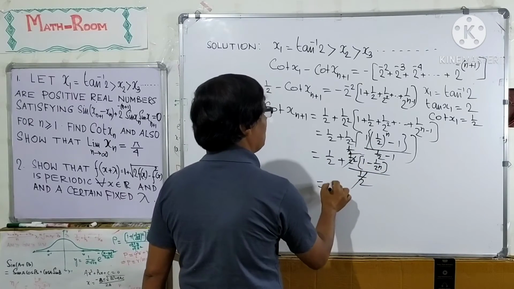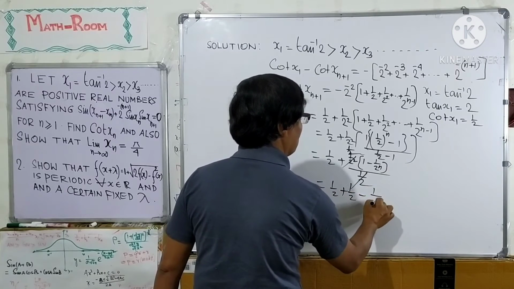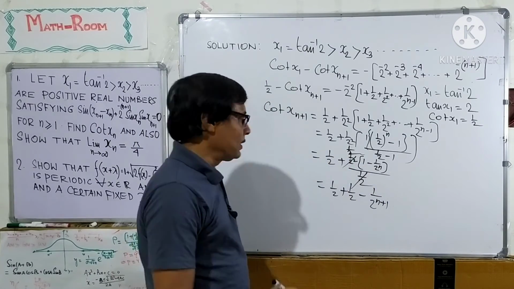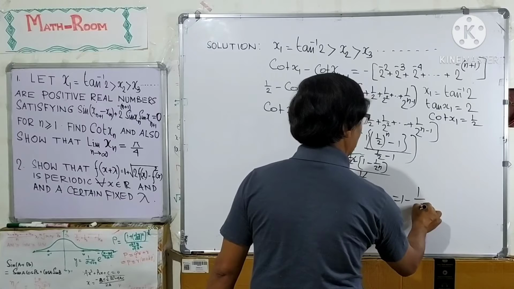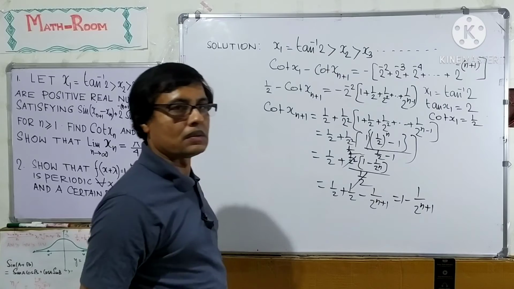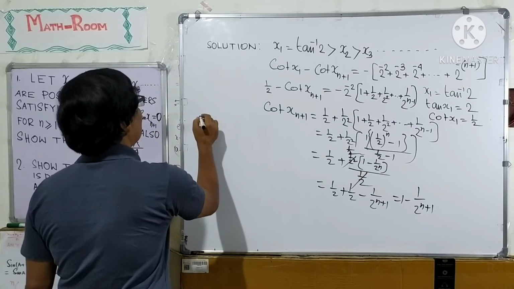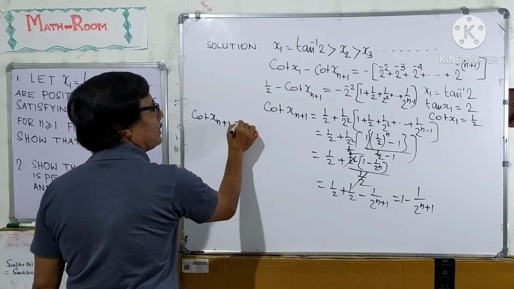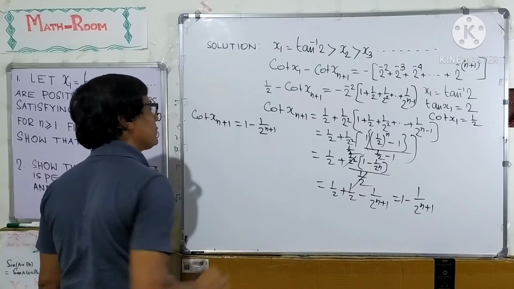This is half plus half minus 1 over 2 to the power n plus 1, and also this is 1 minus 1 over 2 to the power n plus 1. So cot xn plus 1 is 1 minus 1 over 2 to the power n plus 1.